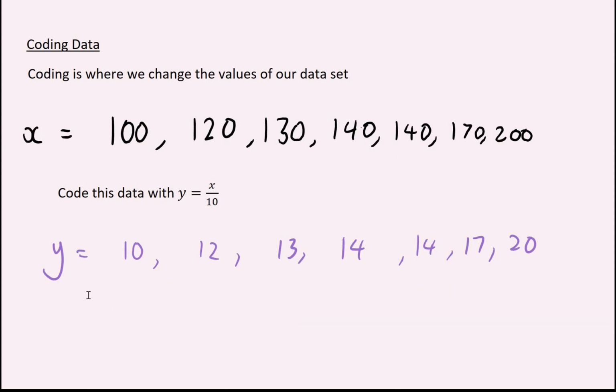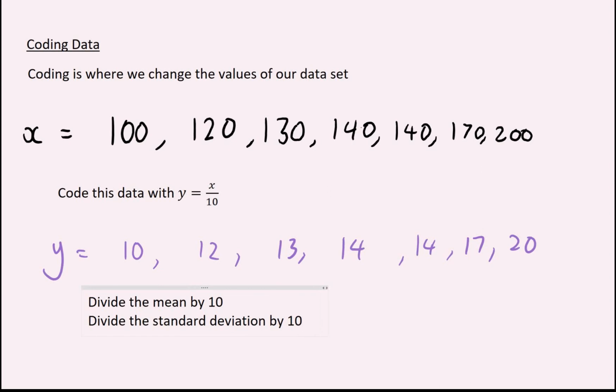Let's go through them both. Obviously, if you divide all the numbers by 10, you will have to divide the mean by 10. And as you've kind of seen, because everything's now 10 times closer, that means you will also divide the standard deviation by 10. And again, a really common question is to give you standard deviation and mean for a certain set of values, then they do some coding, and then they want the new mean and standard deviation. So you need to know all these tricks.